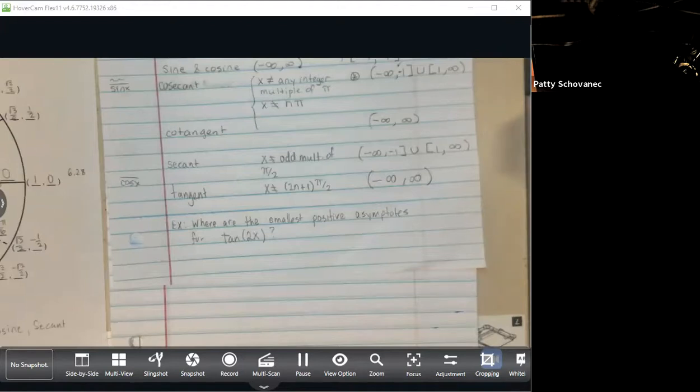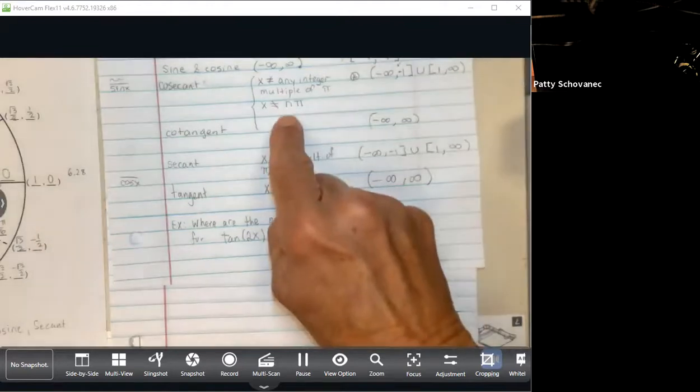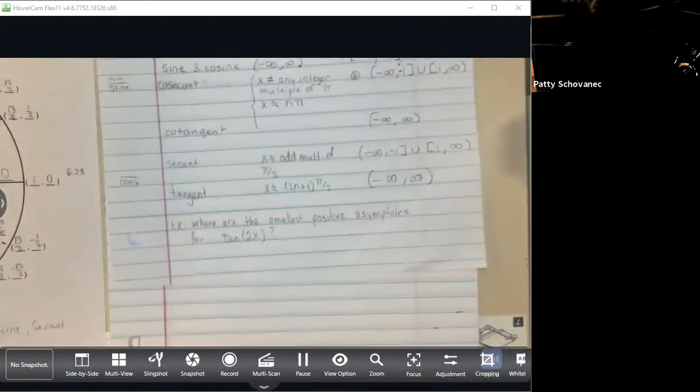It makes the period smaller. So what's the period of the tangent? Tangent of x has asymptotes at every multiple of pi. If you look at the graph of tangent of x, reading from left to right along the positive x-axis, there's an asymptote at x is 0 and at x is pi. So this will keep the asymptote at x is 0. Where does the asymptote at x equals pi move over to?